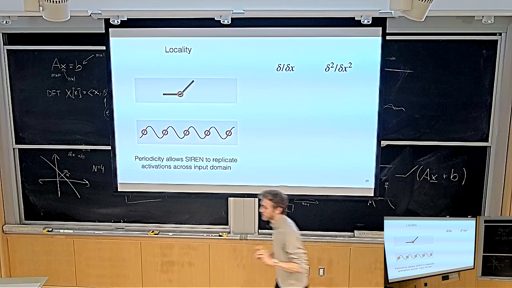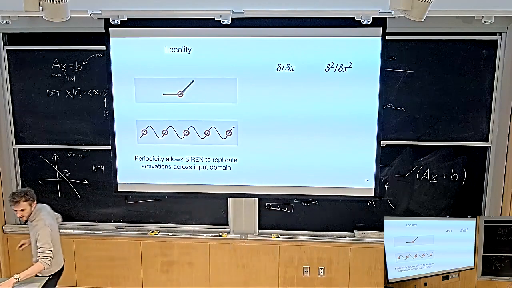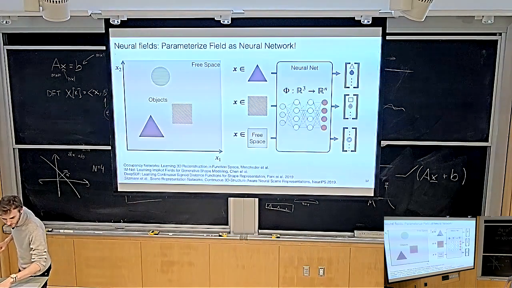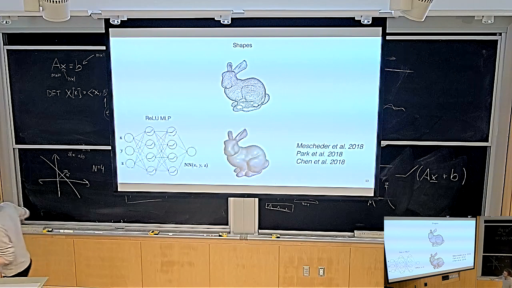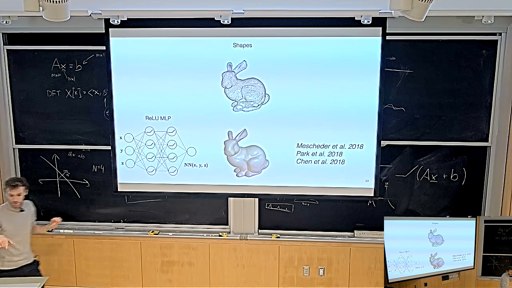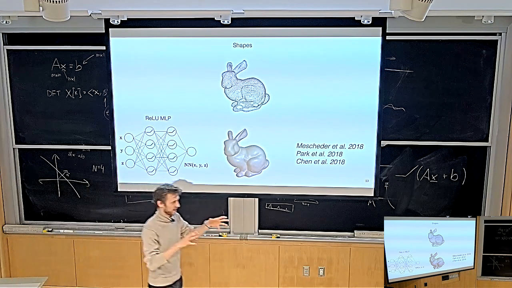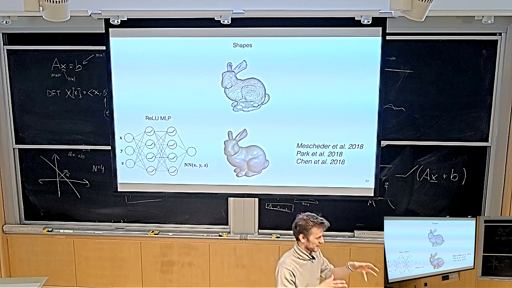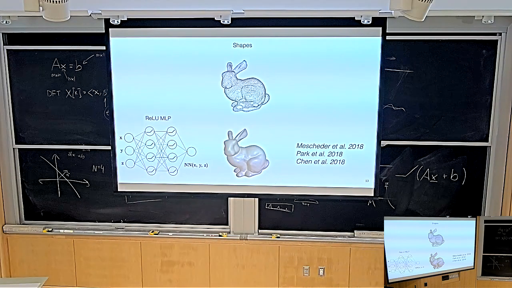Actually, if you go back to this little bunny and look very closely, you can see little edges on the surface in the shading. It turns out that if you parameterize a shape with this neural implicit representation and you zoom in really closely, you can see lots of tiny facets. That's because what the ReLU neural network does at each layer is basically this.